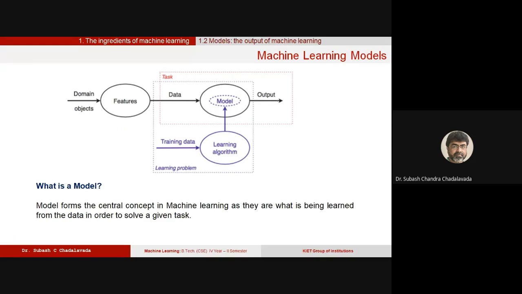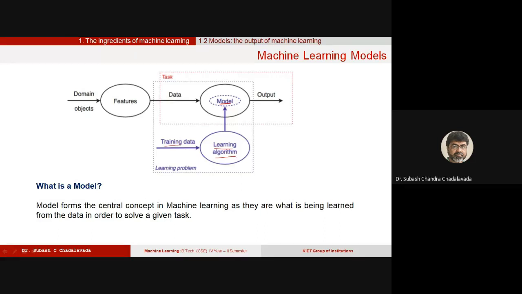So what is a model? If you observe this diagram, which we saw in the last class, the oval in dark blue dots is the model. A model is the output of the machine learning algorithm that we got from the data you gave for training.